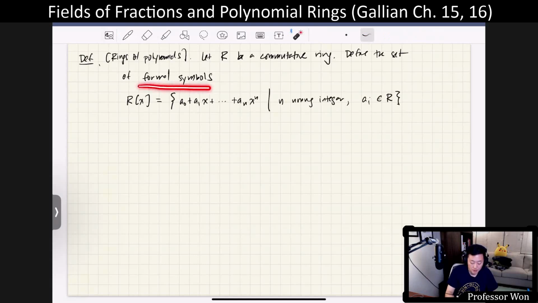What a mathematician means when they say formal symbol is that literally we're just defining these symbols as the elements of our ring.